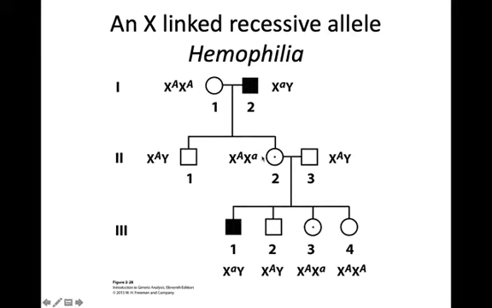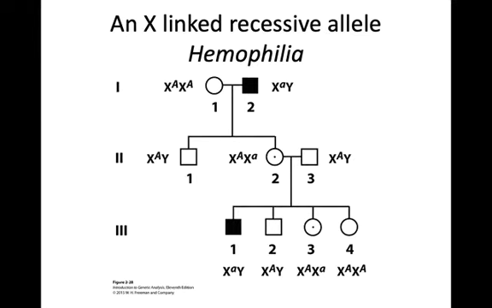Half of her sons will collect that X chromosome that has the mutant allele, in this particular case for hemophilia. Now, all the daughters are going to be protected by the X chromosome that's wild type from their dad, but the sons are not going to be protected because the Y chromosome doesn't have effectively any genes on it, and so the sons only collect one of the X. The sons collect the X chromosome from their mother, and half of those will be the mutant, and half of them will not.